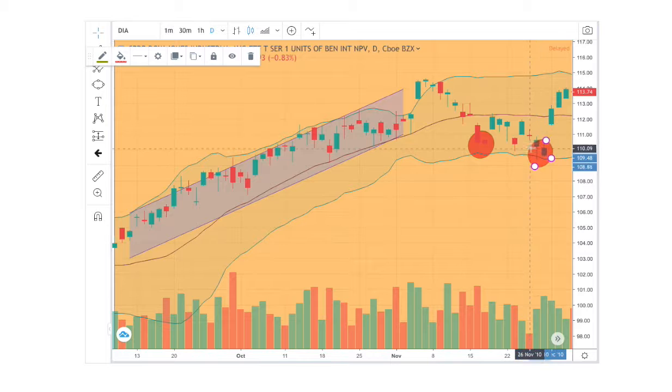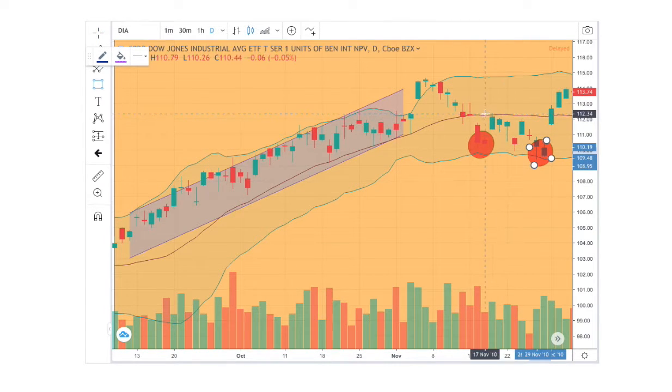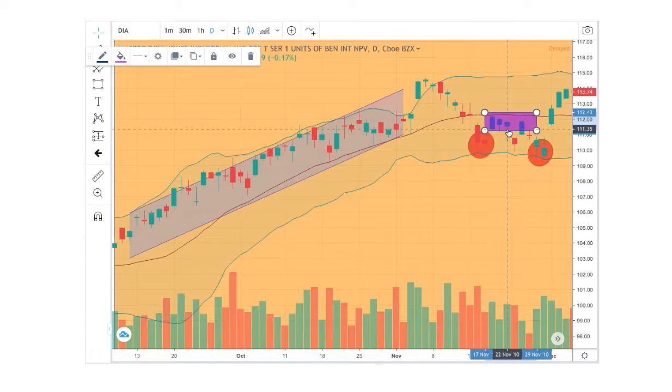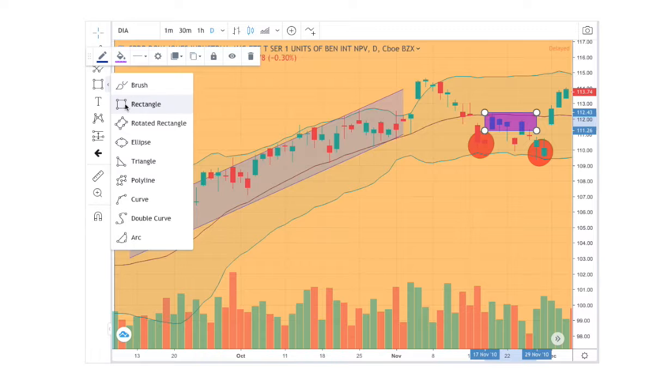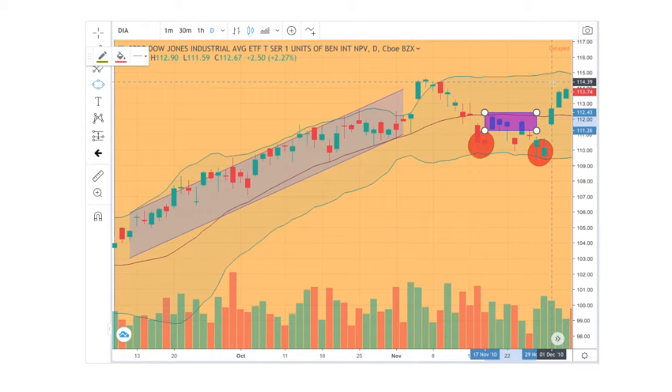So we see that action here, and we also see it made a slight attempt at touching the middle Bollinger Band. After hitting the bottom Bollinger Band twice, it looks like it may attempt to hit the upper Bollinger Band, but not quite.